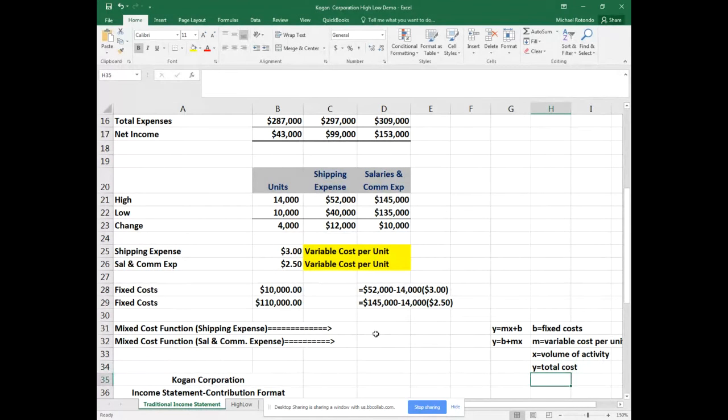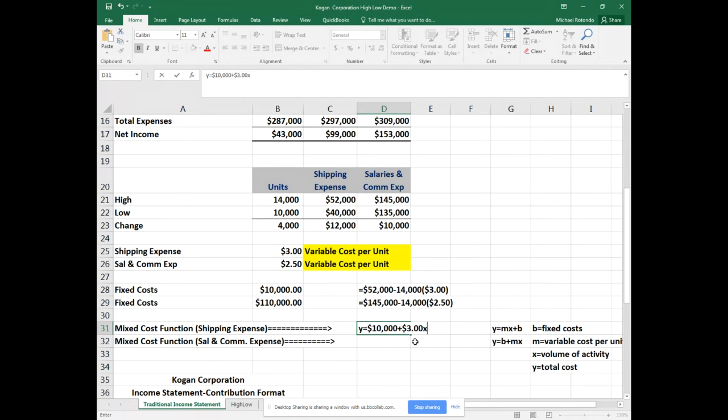So our mixed cost function for shipping expense is y equals $10,000, that is our fixed costs, plus a variable cost of $3 per unit, x. At any level within this relevant range, we can come up with what our total cost would be for shipping expense.